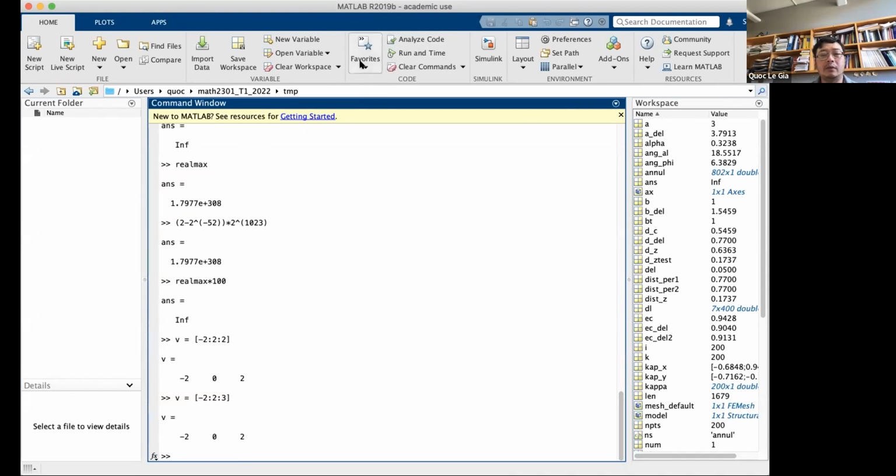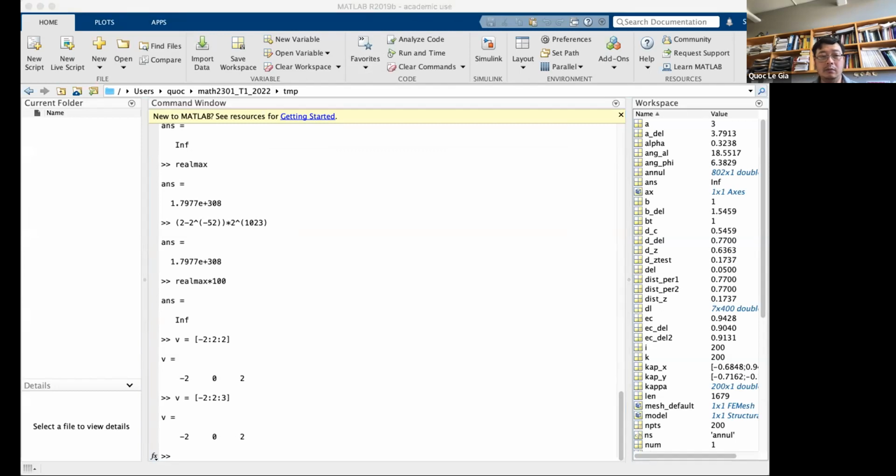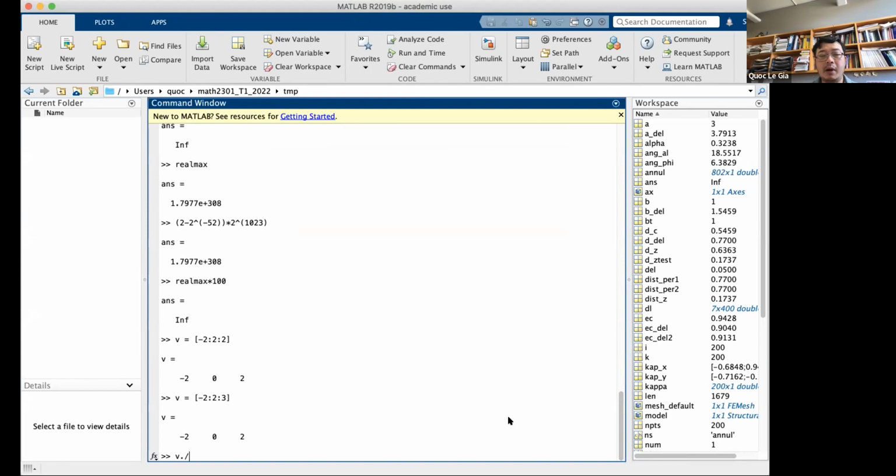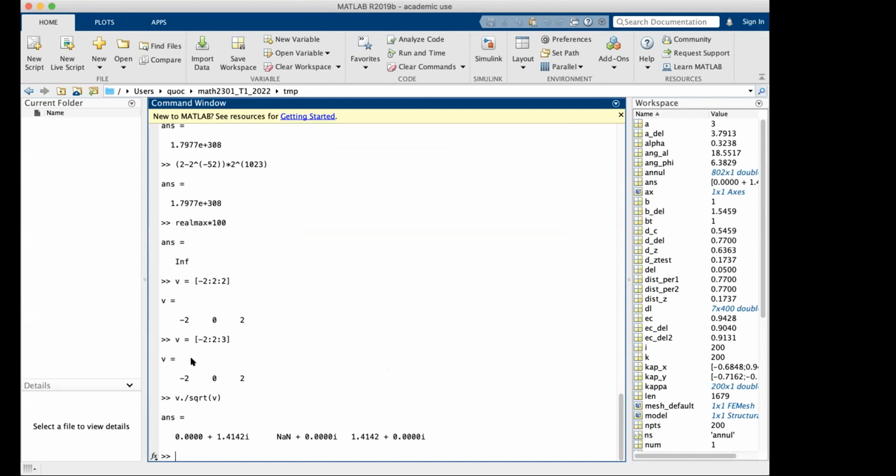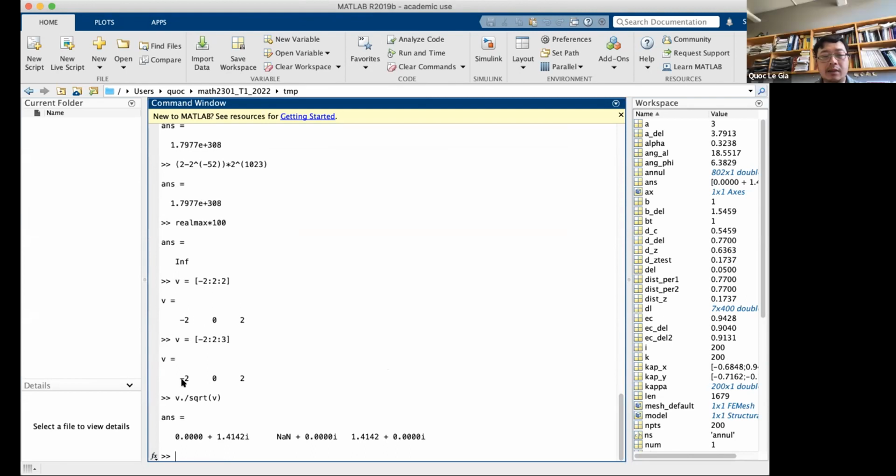So now the question asks what v divided by the square root of v is. Here, v is minus 2, 0, 2.